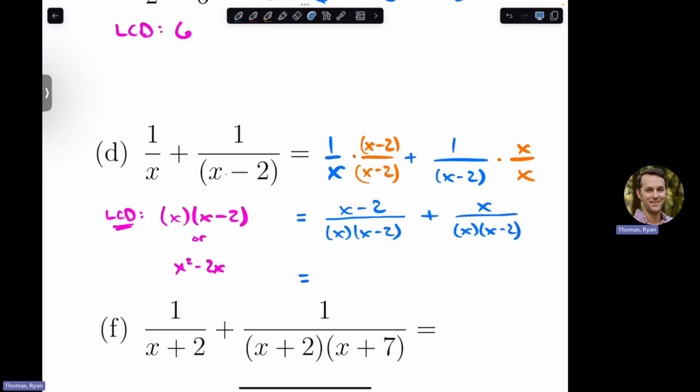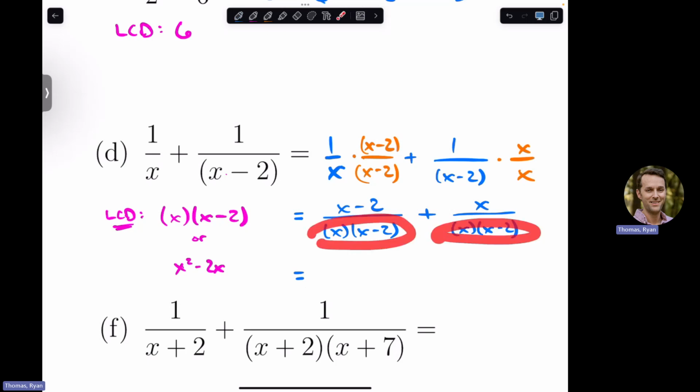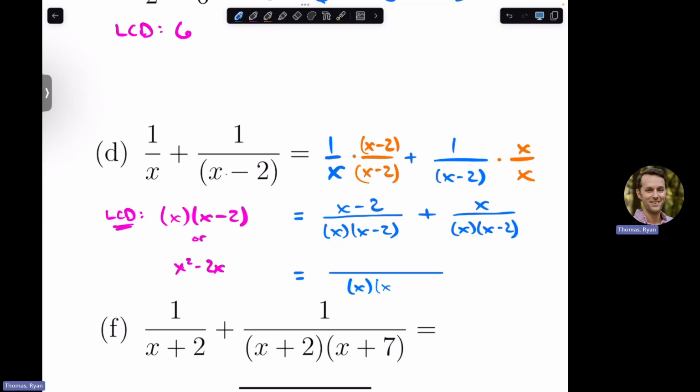Okay, then how do we actually combine them? They're the same kind of thing now, right? So it's going to be something over that least common denominator. And then we just do whatever operation this indicates across the top. So x minus 2 plus x, which would be add, right?